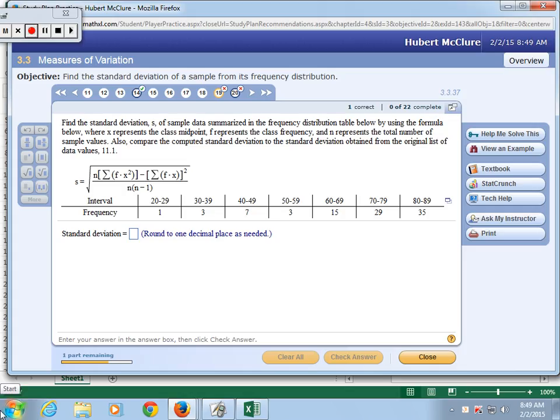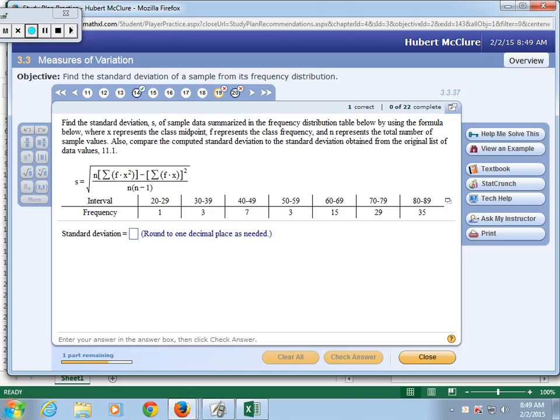Alright, so everybody, take a look at your formula. What does that first one say?